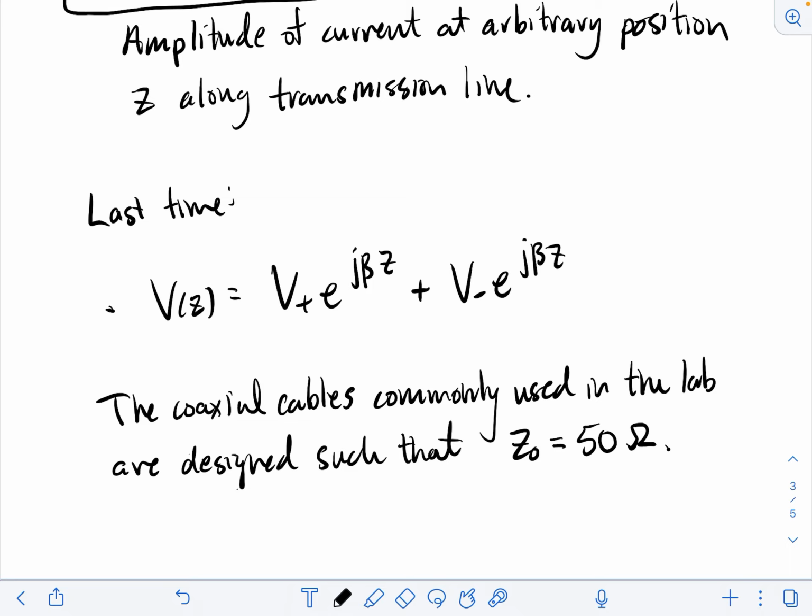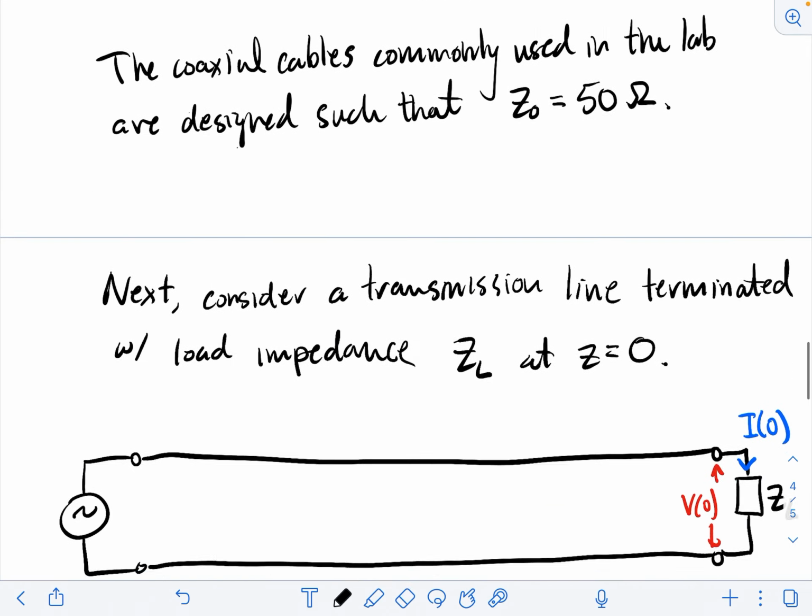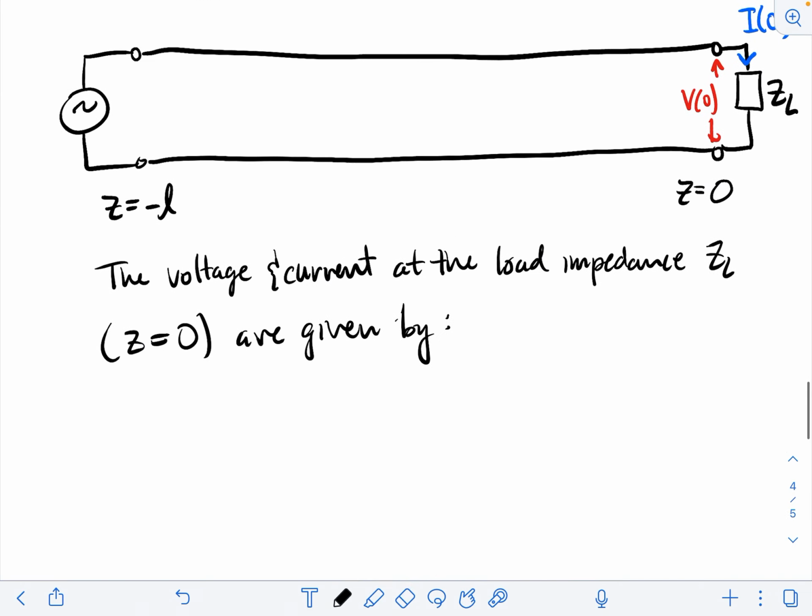So V at 0 is equal to just V plus e to the 0 plus V minus e to the 0. E to the 0 is just 1. And so we just get V plus plus V minus. And so you can see why it was a convenient choice to set the origin of Z to be at the load impedance, because we get a really simple expression for the voltage amplitude at the load impedance.